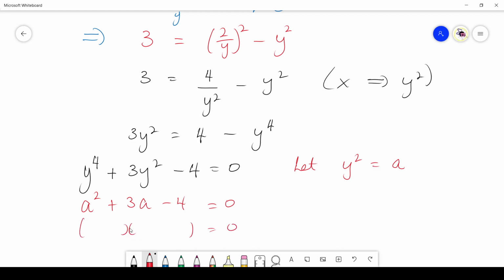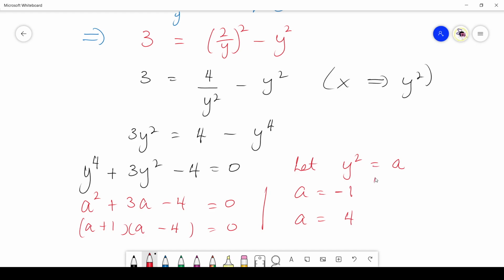Okay, let's see what we'll get here. You get a plus 4 and a minus 1, and that implies that a either has a value of -4 or a has a value of 1. Now, let's go back to our substitution here. Remember that a is actually y squared. So in reality, it's not a that's equal to those values, it's actually y squared.